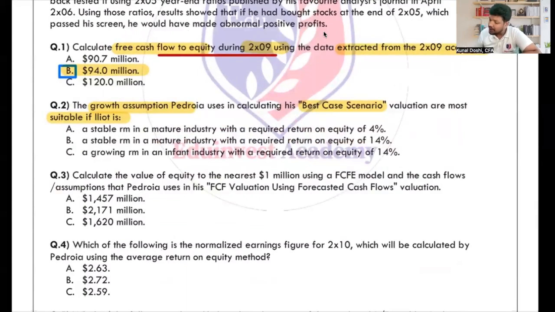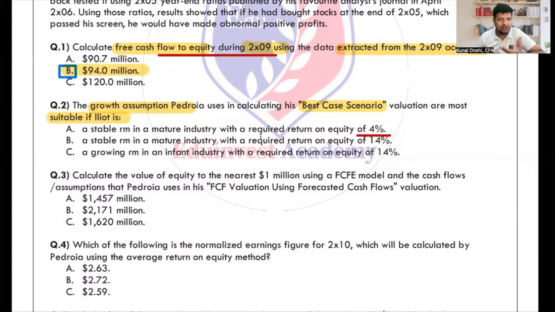Okay. So see here, since he's going to use a constant growth rate, the valuation is more suitable if Elliott has a stable RM in a mature industry with a required return of 4%. Now, what is RM here, guys? What is stable RM?